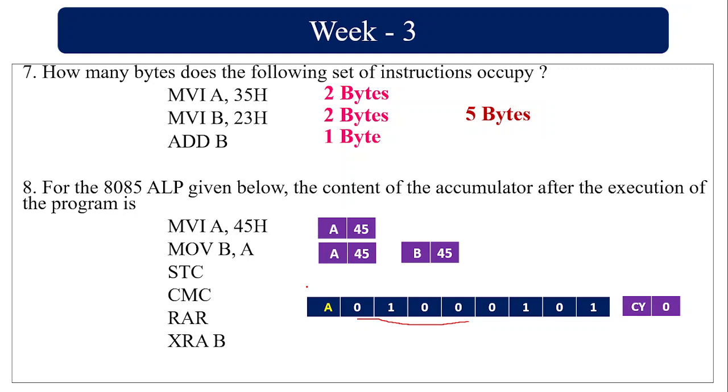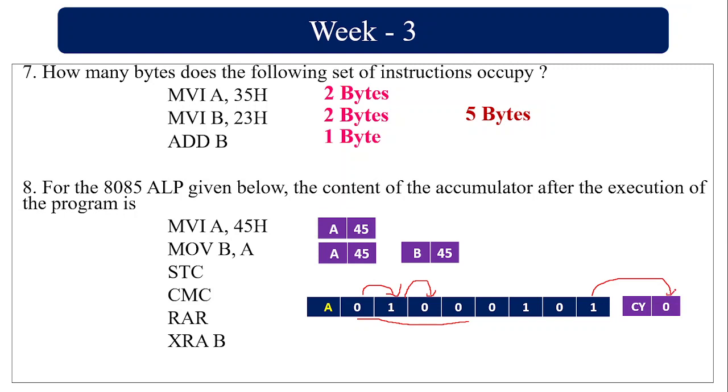Now I have to perform the rotate right operation. In this operation I move the value from D7 to D6, D6 to D5, likewise, and D0 to your carry.